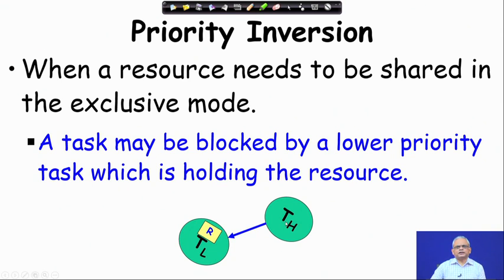Now, a high priority task needs that resource, but until the low priority task actually completes using the resource and releases the semaphore, the high priority task cannot access the resource. So, the high priority task keeps on waiting, and if the low priority task holds the resource for a long time, the high priority task is of course going to miss its deadline.